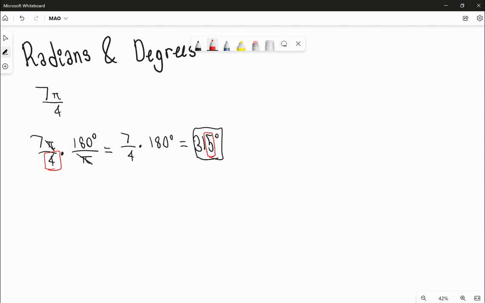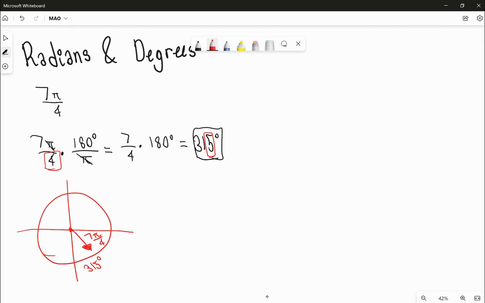Now 7 pi over 4, if you drew that on the unit circle, with the origin as our intersecting point, you get it right here. So that is 7 pi over 4, but it's also 315 degrees.